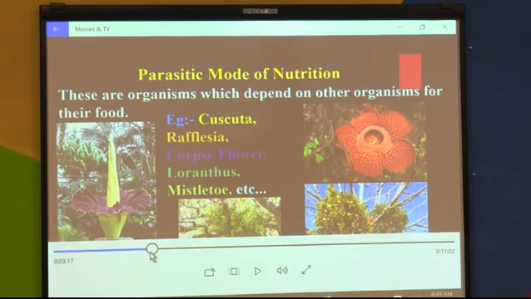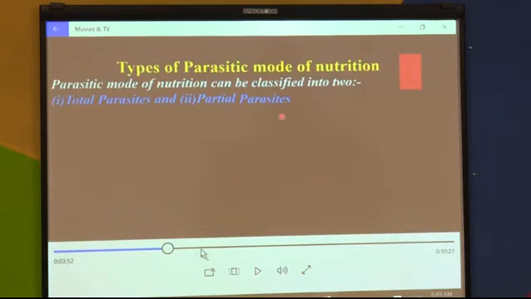In the parasitic mode of nutrition, organisms depend on other organisms for their food. Again, there are 2 types of parasitic nutrition. First, total parasitic plants, and second, partial parasitic plants. Total parasites are totally dependent on other plants for their food.